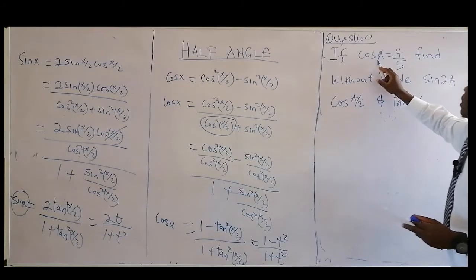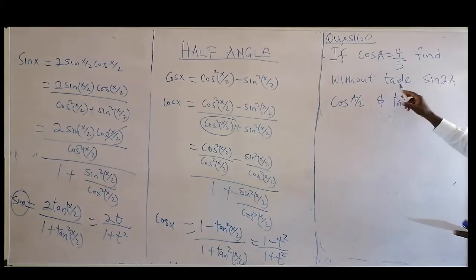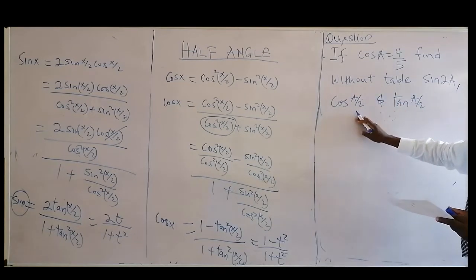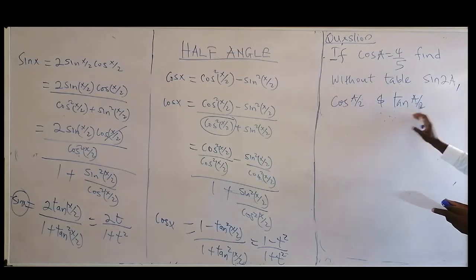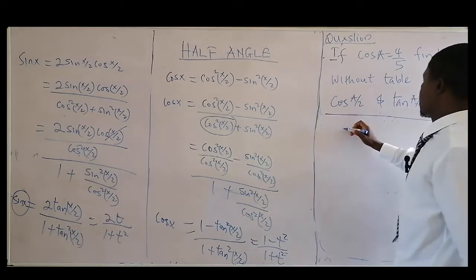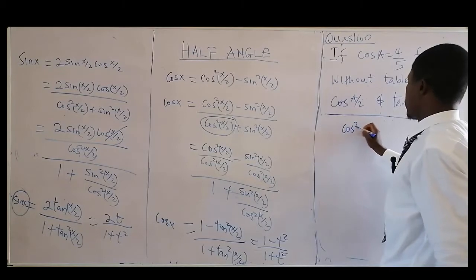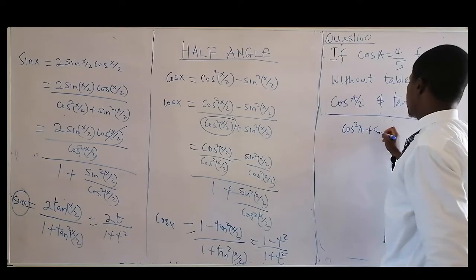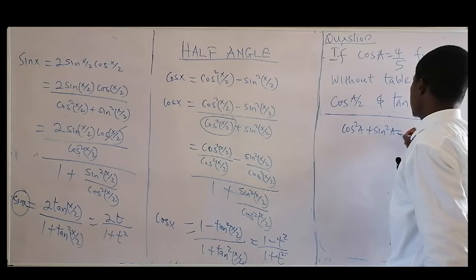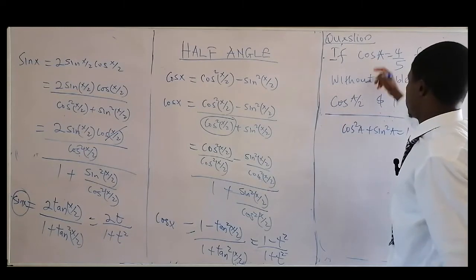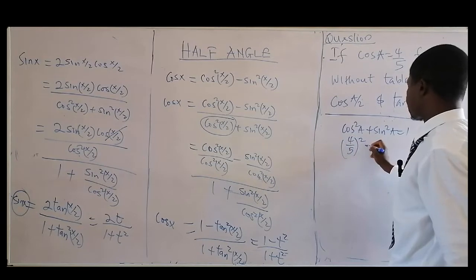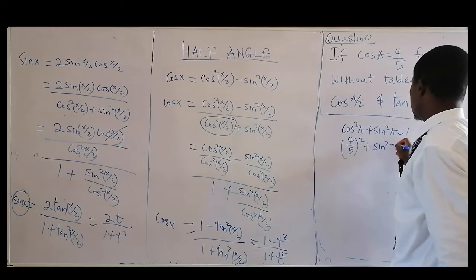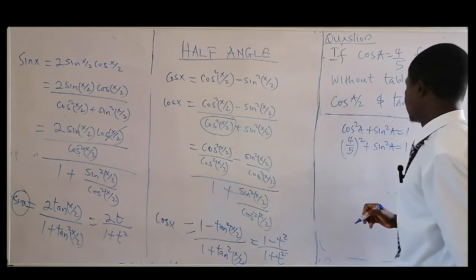If cos A is 4 over 5, find without tables sine 2A, cos 2A and tan A, cos A over 2 and tan A over 2. From here, cos square A plus sine square A is 1. Can we substitute this one there? That's 4 over 5 square plus sine square A equal to 1.